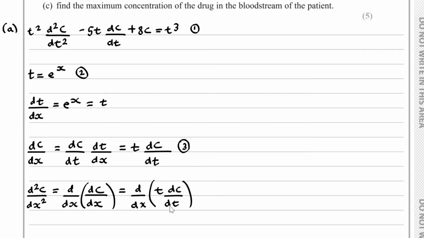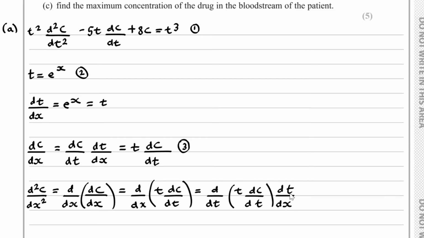And so to differentiate this with respect to x, we'd first of all differentiate this with respect to t, dc over dt, and then we'd have to multiply by dt over dx.